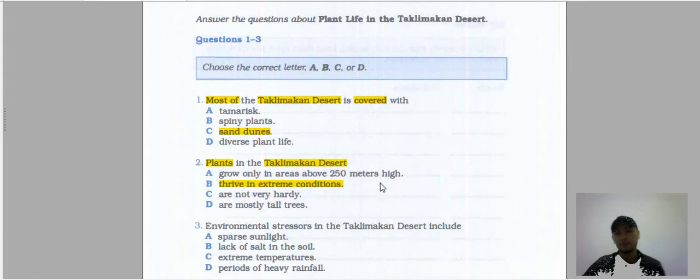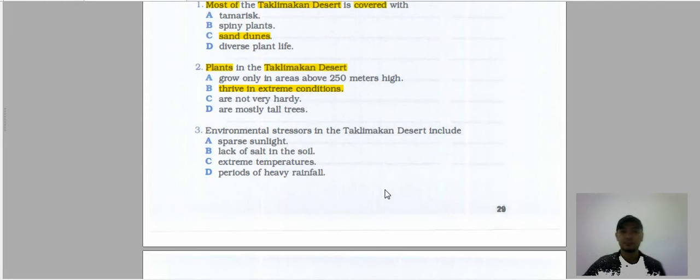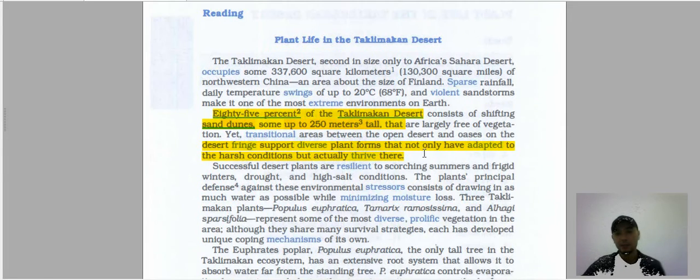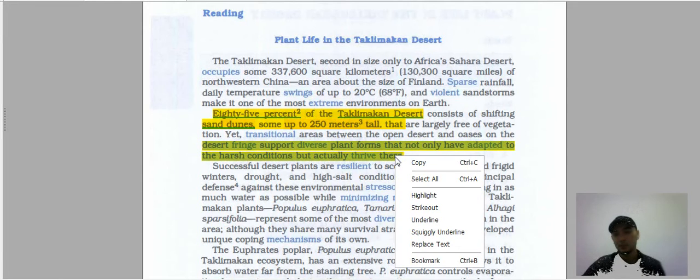Okay, unlike this one. And also, as you can see here in the passage, I highlighted the place where I have found the answer, to make sure that I'm not going to start from the place that I finish it or that I have already done.